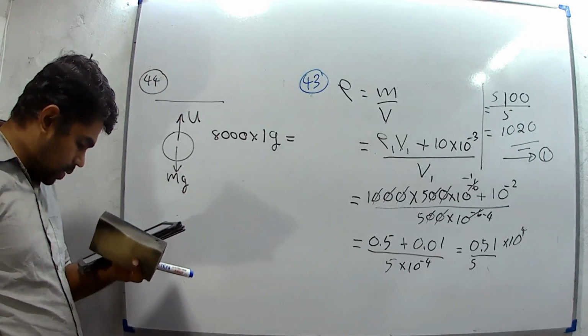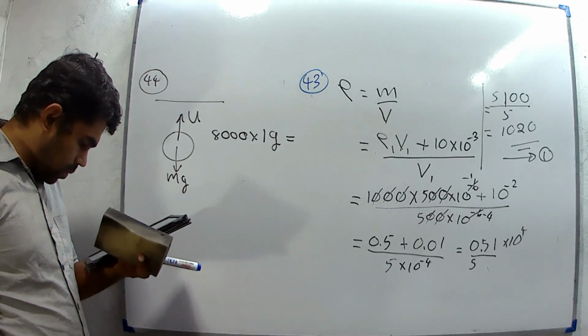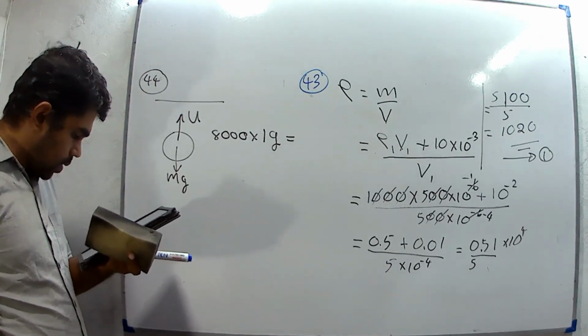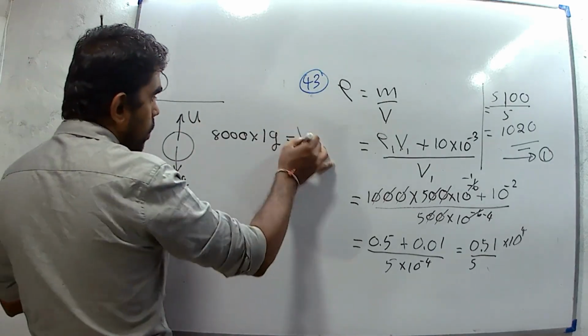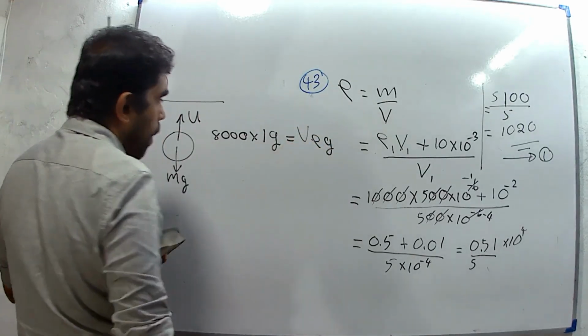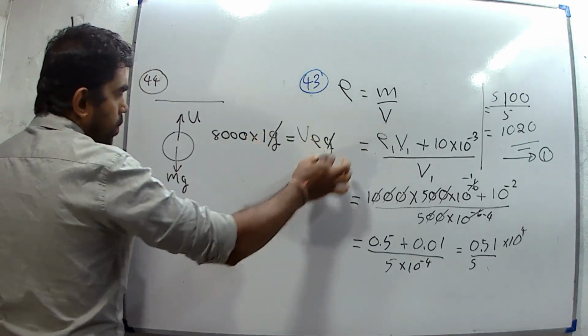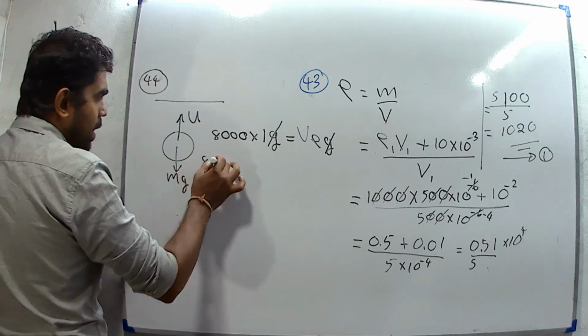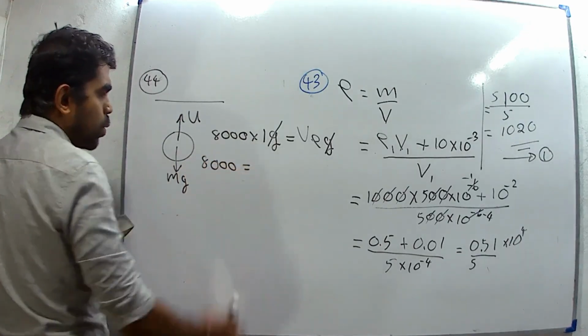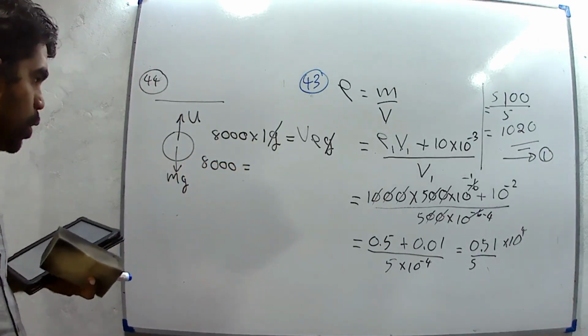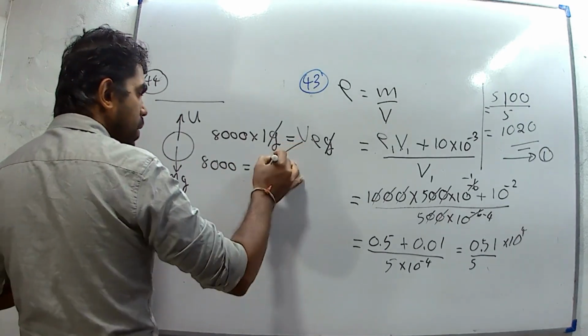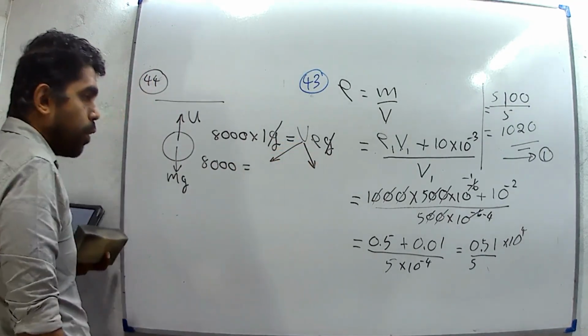Upthrust is V rho g. We can cancel out the g term. 8000 equals, when considering volume, there are two parts of volume.